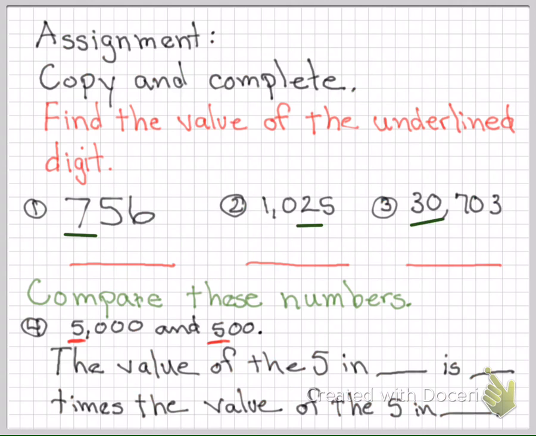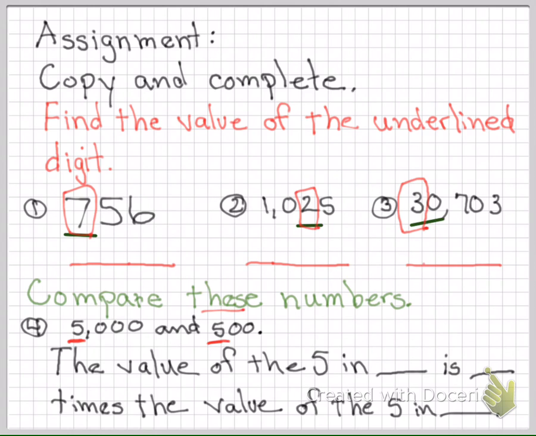Now your homework tonight is to complete this assignment. I want you to copy it on a sheet of paper, complete it, and pass it in tomorrow morning. It says find the value of the underlined digits. Find the value of the 7, the 2, the 3, and write them on the line.